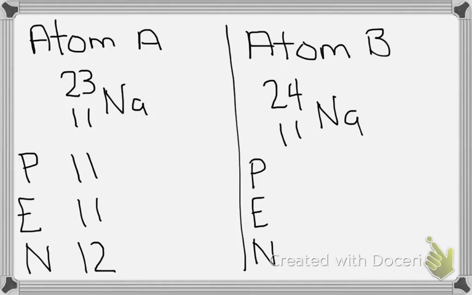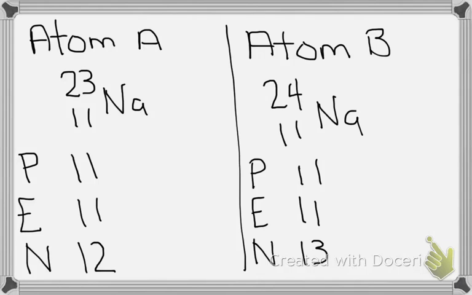For atom B, we're going to do the same process. So its atomic number is 11, so it also has 11 protons. It also has 11 electrons. And then the subtraction to figure out its number of neutrons is going to show that it has 13 neutrons.